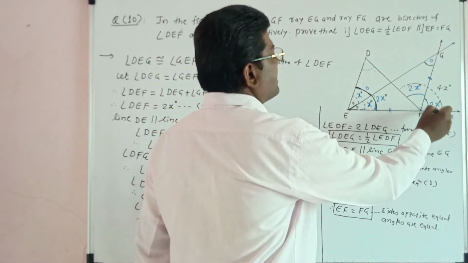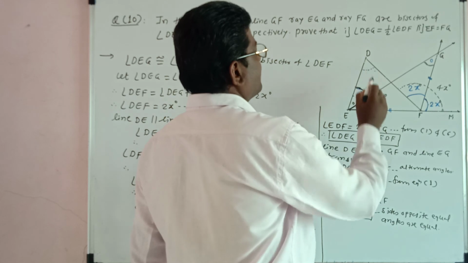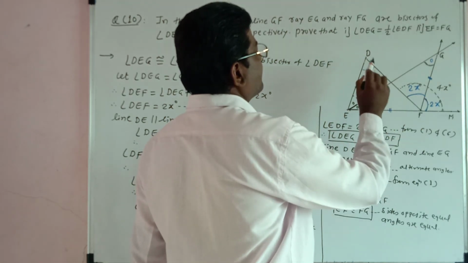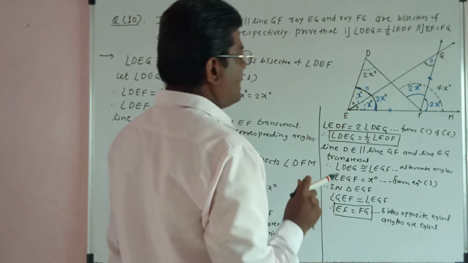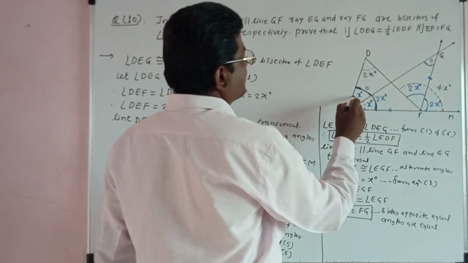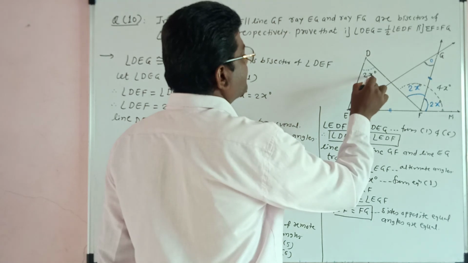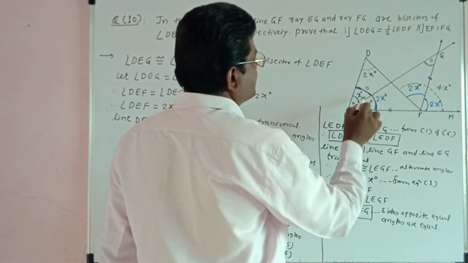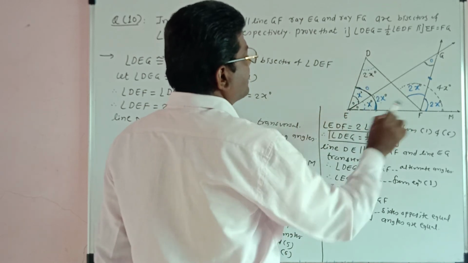Means this 4x degree is equal to this angle plus this angle. 4x degree is equal to 2x degree plus this angle. Therefore, we get this angle 2x degree. Now, this angle is 2x degree and this angle is x degree. Therefore, this angle is half of this angle. So, DEG is half of the angle EDF.